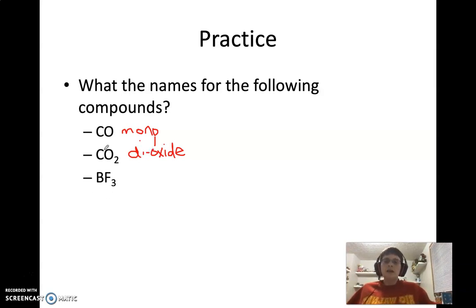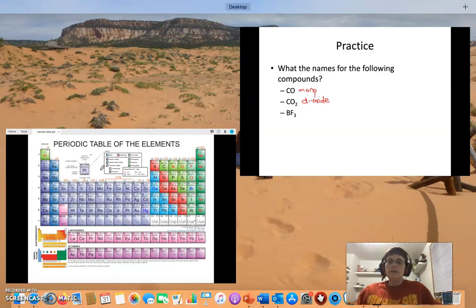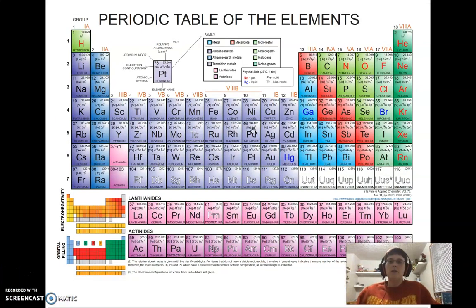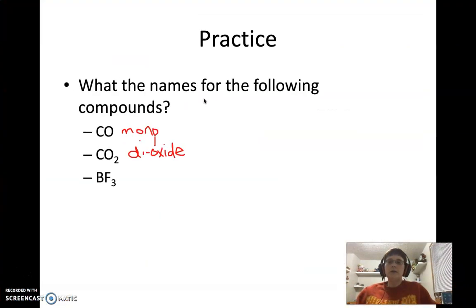So let's take a look at this one. You might not know this element off the top of your head, so you might need to take a look at your periodic table. So go ahead and take a look. In fact, let's flip over there. So you're looking for B, and there it is. So B is boron. Okay, and we've seen F for fluorine.